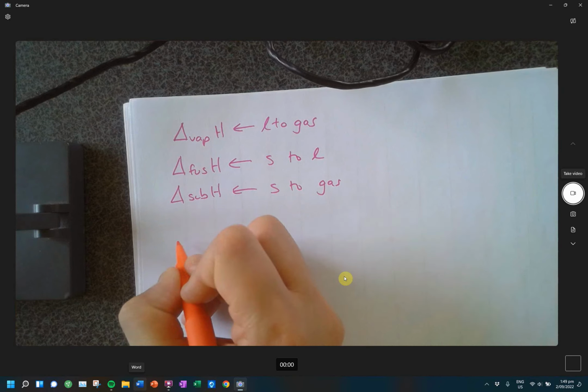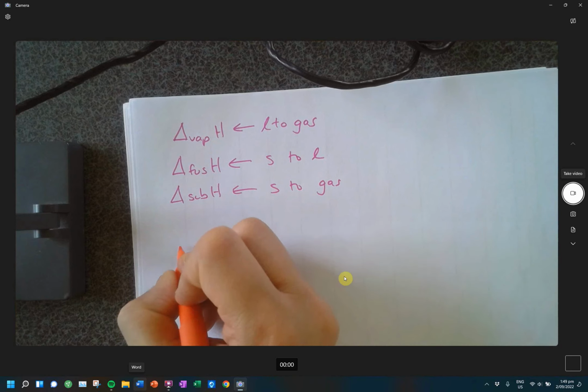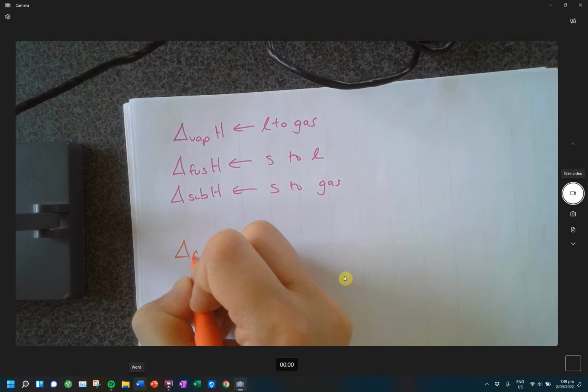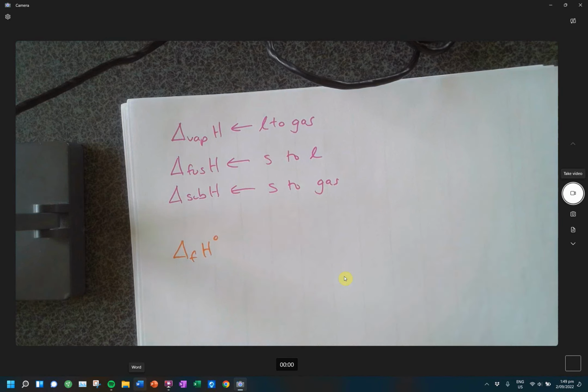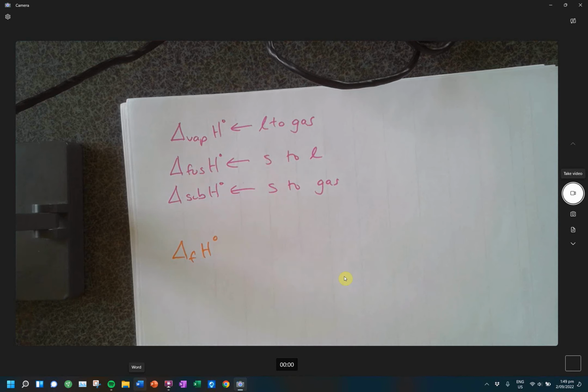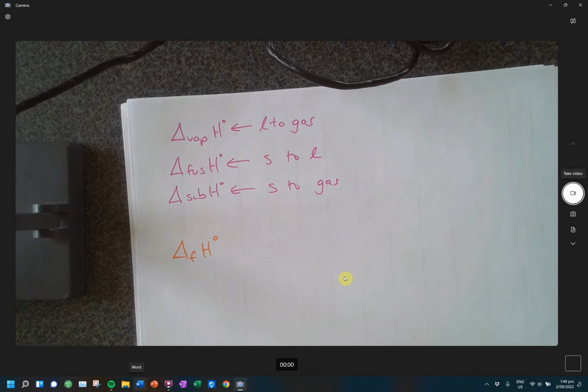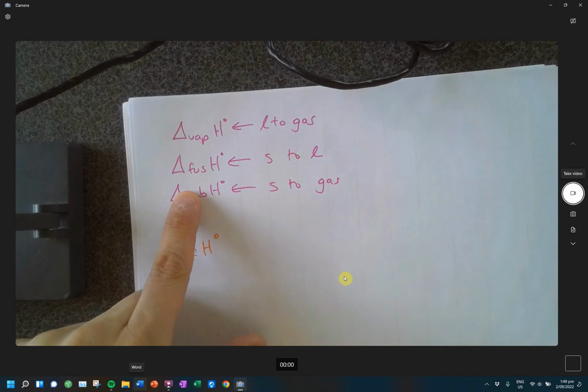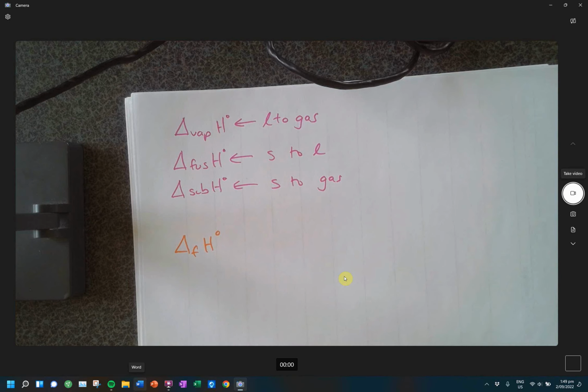The first one is your delta H f. Don't confuse this one with the other ones because they mean two different things, because chemistry is real nice like that. This one is talking about the enthalpy of formation.